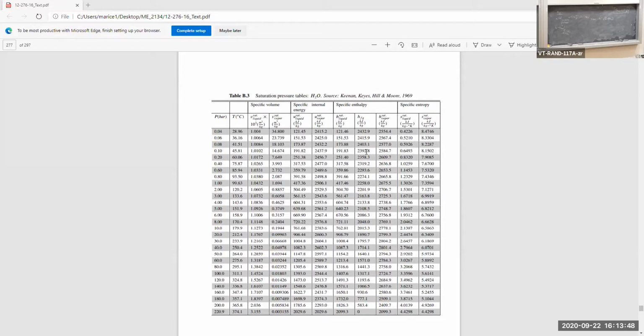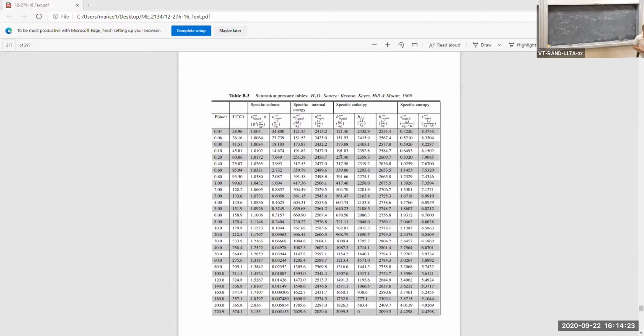Here's Hfg, which is the enthalpy change between the vapor and the liquid. Use the quality, you can quite easily calculate H2. I won't bore you with the calculation here, I'm just going to put the value down. H2 is 2393.2, I'll round to 2393 kilojoules per kilogram. Okay, now I have all these specific enthalpies.